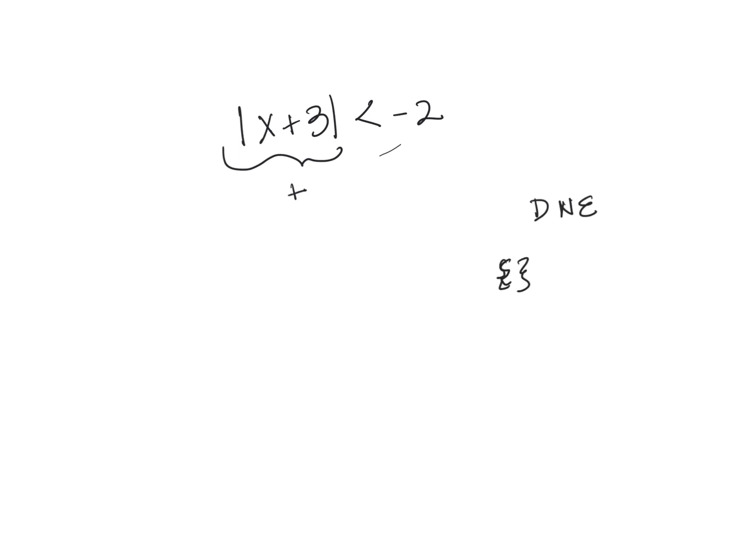Something like the absolute value of x plus 3 is less than -2, right? An absolute value is always positive, so it can never be less than -2. So in this case, the answer does not exist. So this would be the empty set, but usually on the computer system, you would write DNE there.